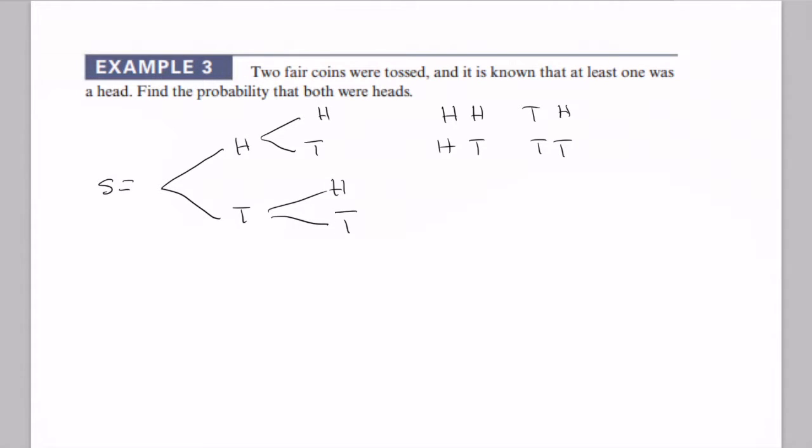That's my sample space. So for E1, event 1, at least one head, that's going to give me HH, HT, TH, and that's going to be 3/4.